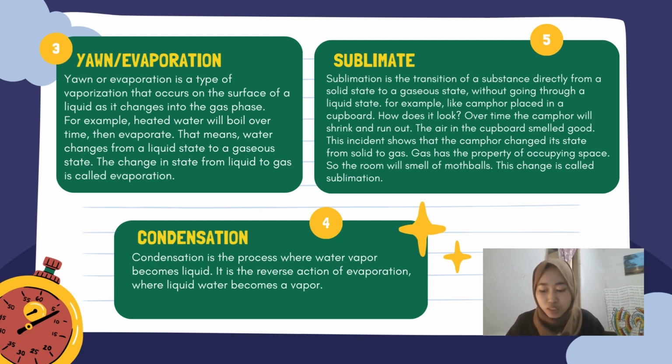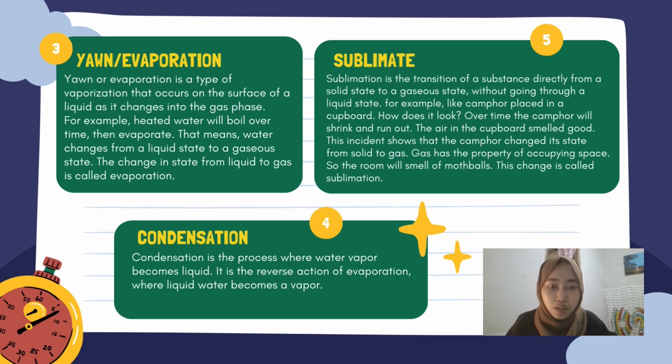Again, the last one is sublimation. Sublimation is the transition of a substance directly from a solid state to a gaseous state without going through a liquid state. For example, camphor placed in a cupboard. How does it look? Over time, the camphor will shrink and run out.